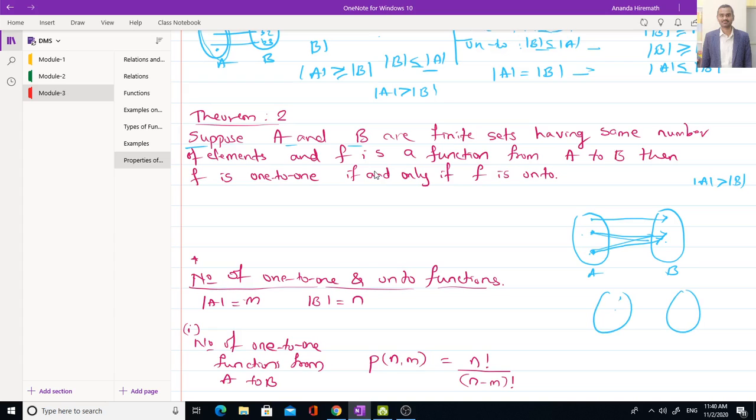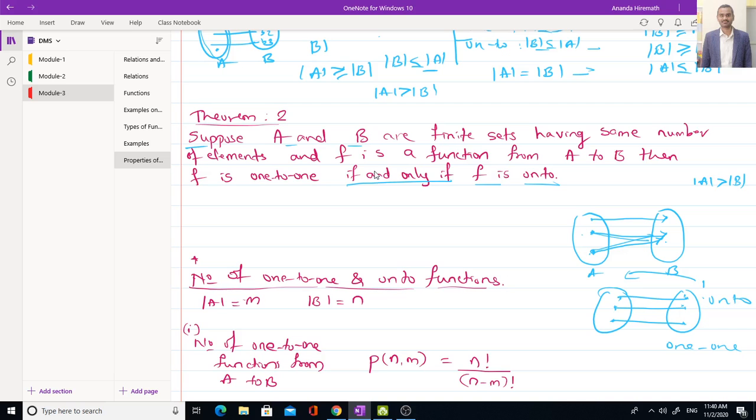See, both have the same number of elements, say 3 and 3, and F is a function from A to B. Then F is 1 to 1 if and only if F is onto. If it has to be a 1 to 1 function, before that it must be onto. Every element in B must have a different pre-image in A, that is onto. Whenever it is onto, then it must be 1 to 1.